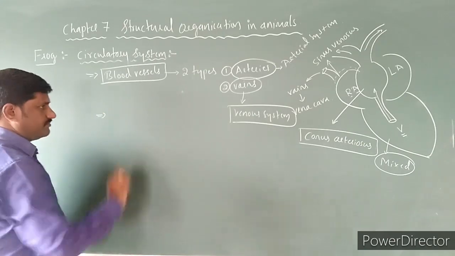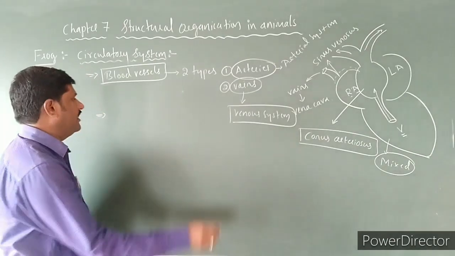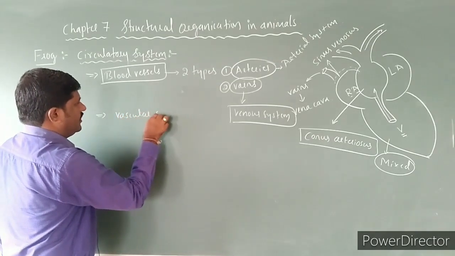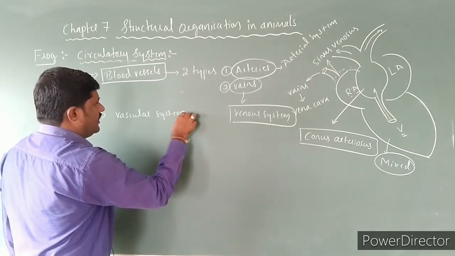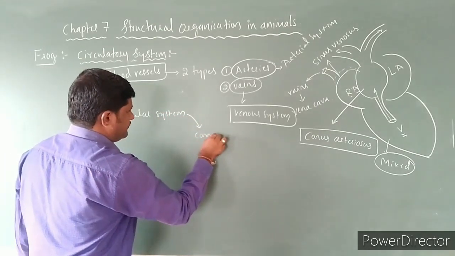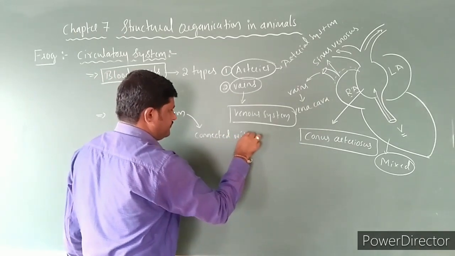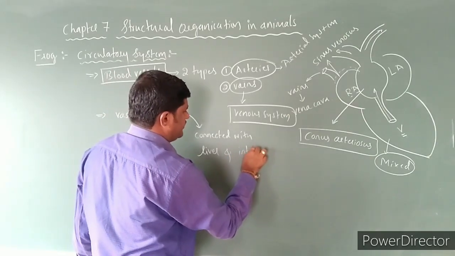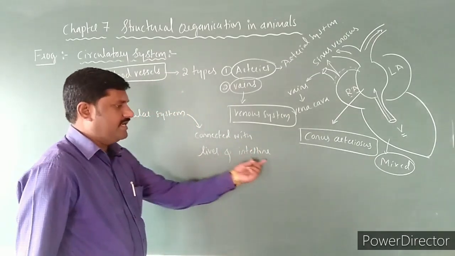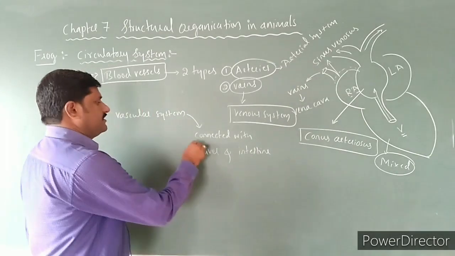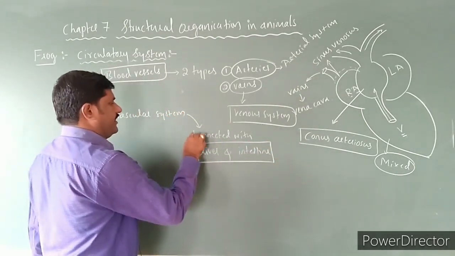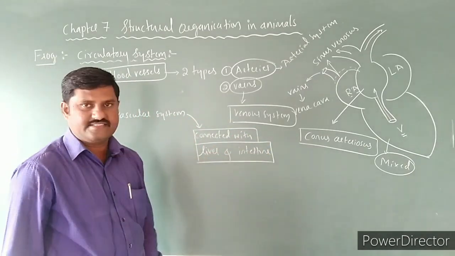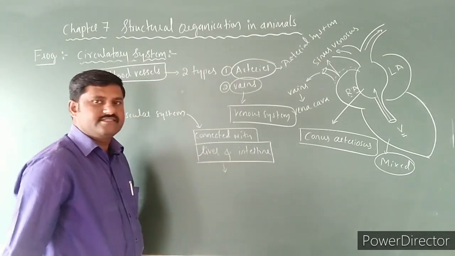See here, one specialized blood vascular system is connected with the liver as well as the intestine. If the blood vascular system is connected with the liver and intestine, this forms one system.